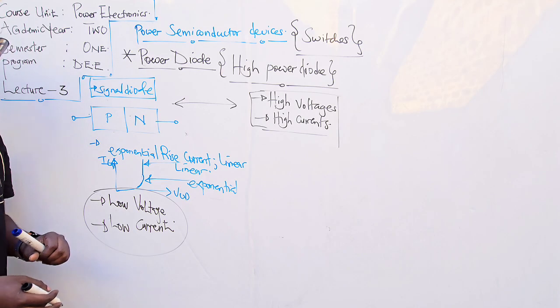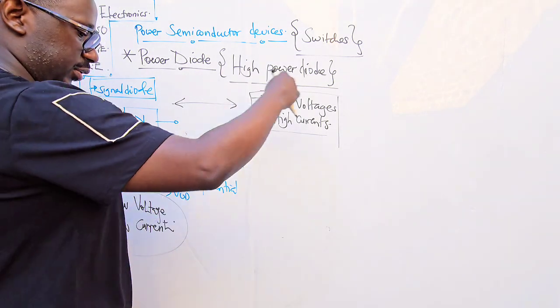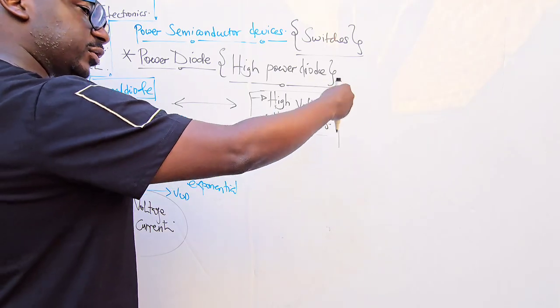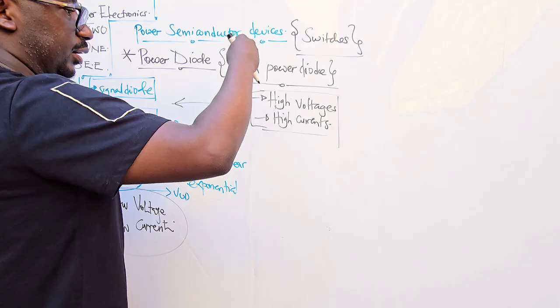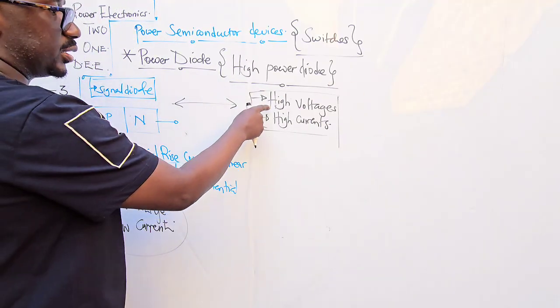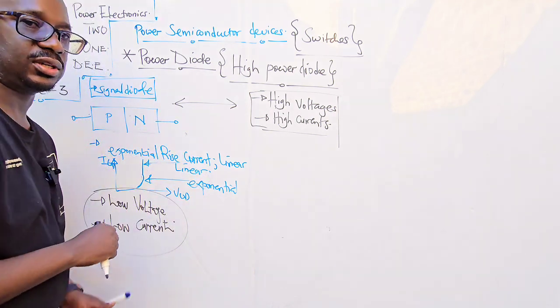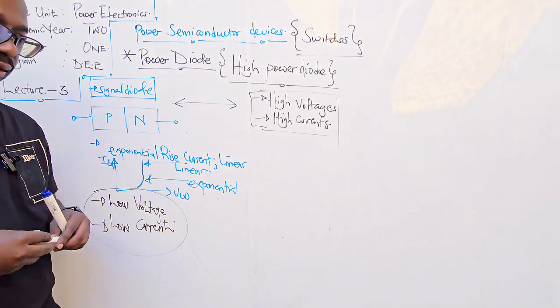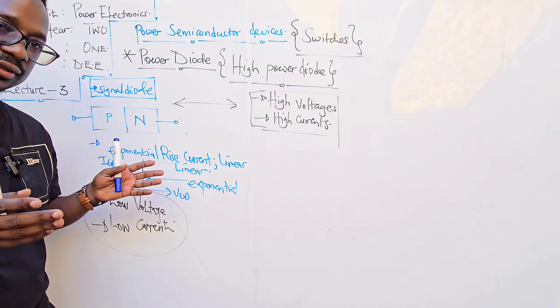You get the point. For power diodes, in let's say an industrial setup, a welding machine, we'll get to applications, welding setups, high power audio equipment, we are dealing with high voltages and high currents. So the design has to change a little. Take this example. A motorcycle is a vehicle, right?